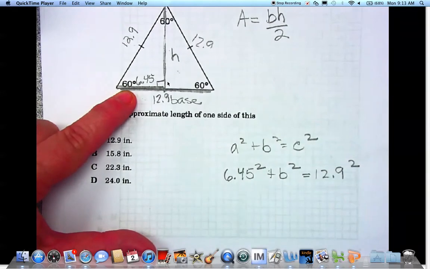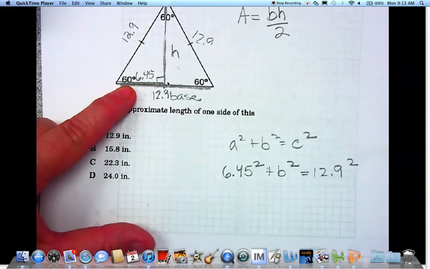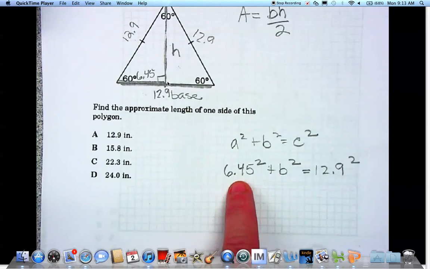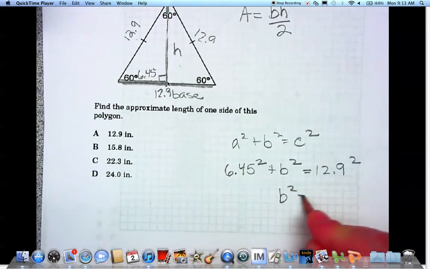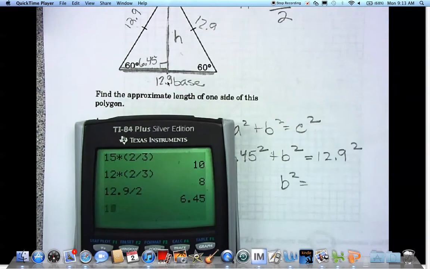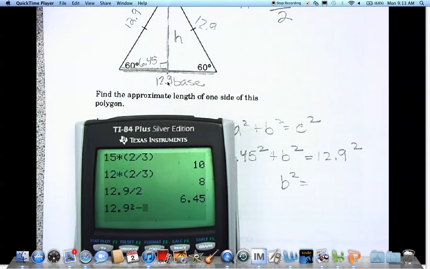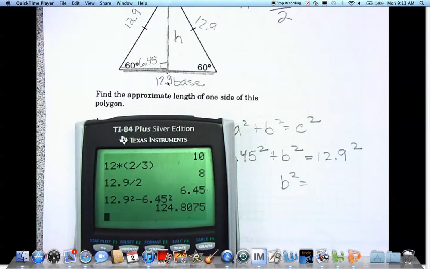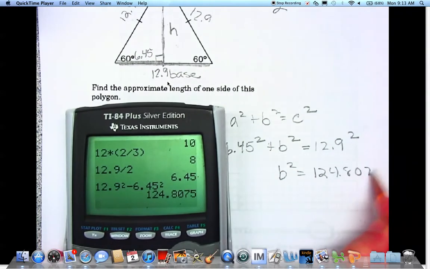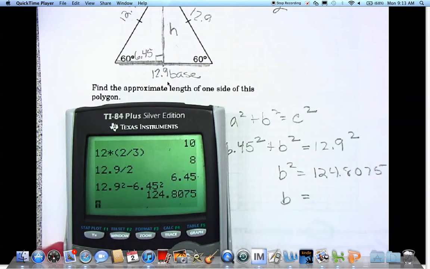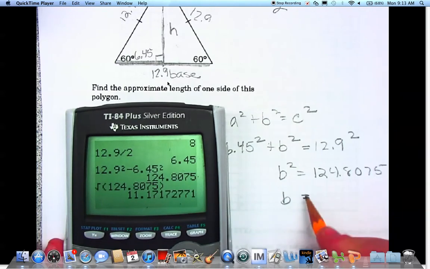So you're going to subtract the 6.45 squared from the 12.9 squared, and then square root it. That gives 11.17. Everybody knows how to square root it, right?